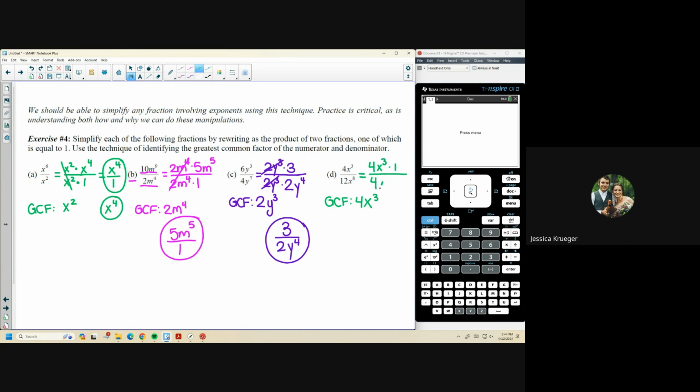My denominator is going to be 4x to the third times 4 times 3 is 12. And then I need 5 more x's so that I have 8 multiplied together. These divide out. So this fraction simplifies to 1 over 3x to the 5th power.